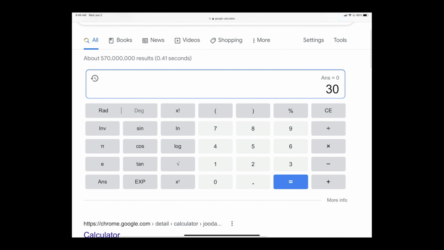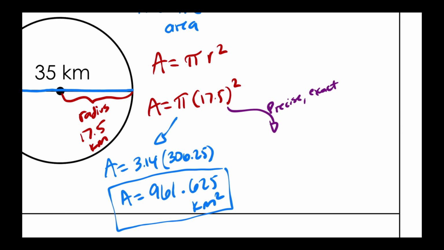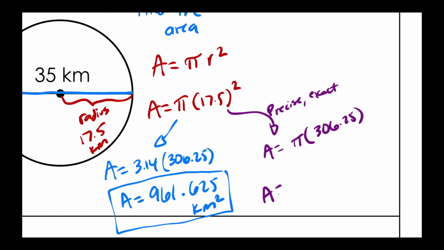So 306.25 times, and then I'm going to hit the pi button, pi. And then I hit equals, and I get 962.112750. So the area is pi times 306.25, and when I punch it in, it is 962.112750.